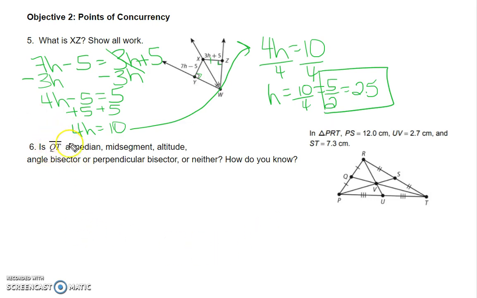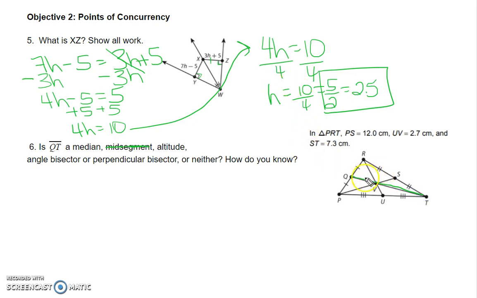Number 6, is segment QT a median, mid-segment, altitude, angle bisector, perpendicular bisector, or neither? We didn't really go over mid-segment, so we can eliminate that one. Okay, well, I see QT here. I highlighted it in green.